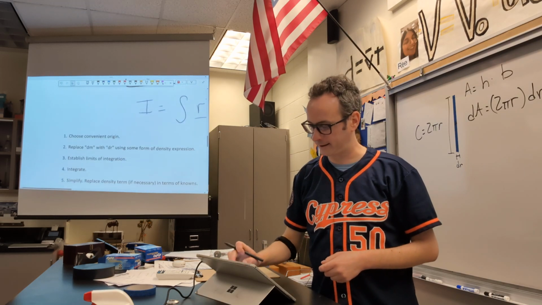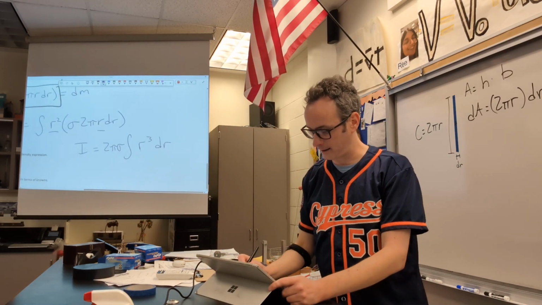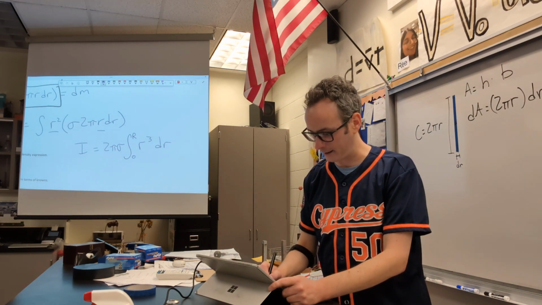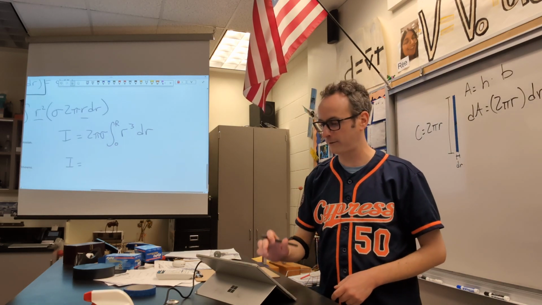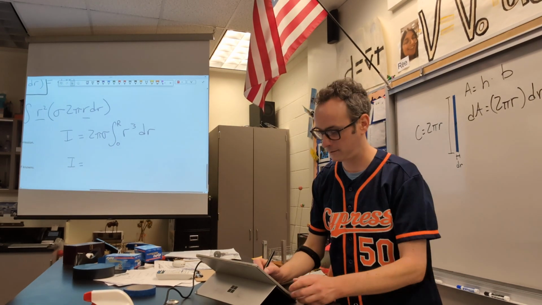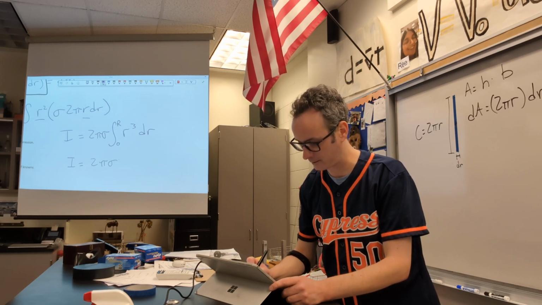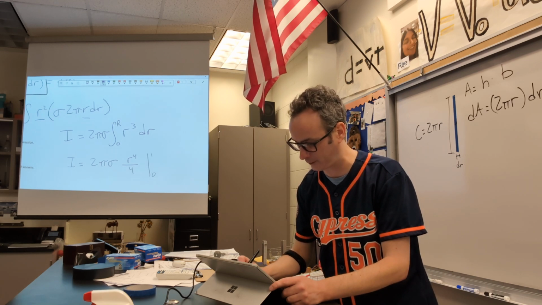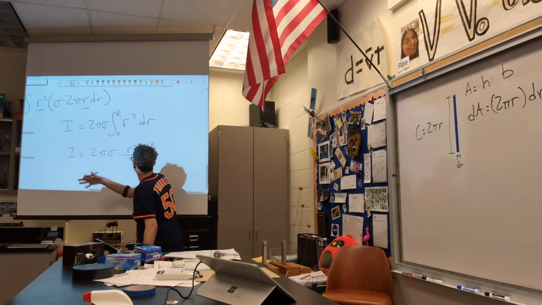So what does that look like then? Well, here we go. So I'm going from 0 to R, and now I do the integration. This should be old hat to you. What's the integral of r cubed? 1/4 r to the 4th. So we got r to the 4th over 4, and I'm going to evaluate all that from 0 to R. If I plug in 0, that's just going to give me 0.